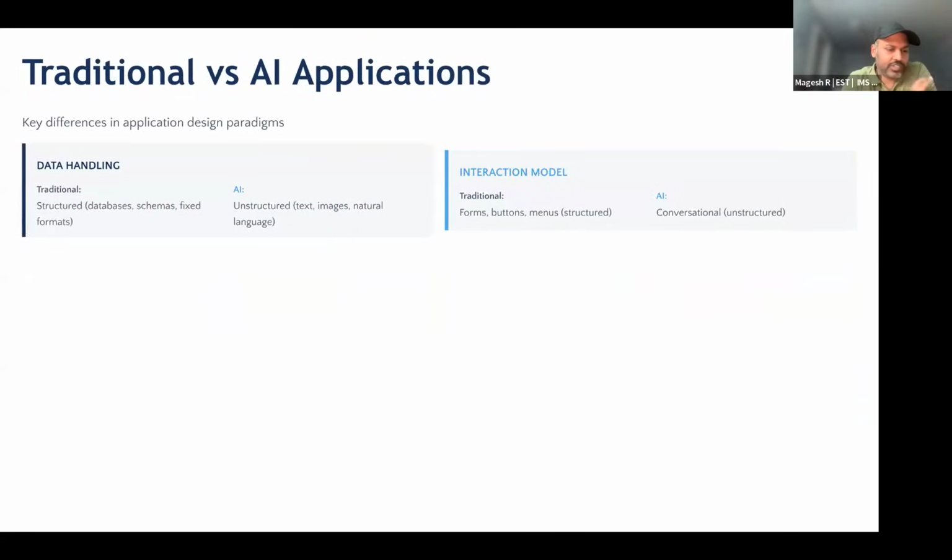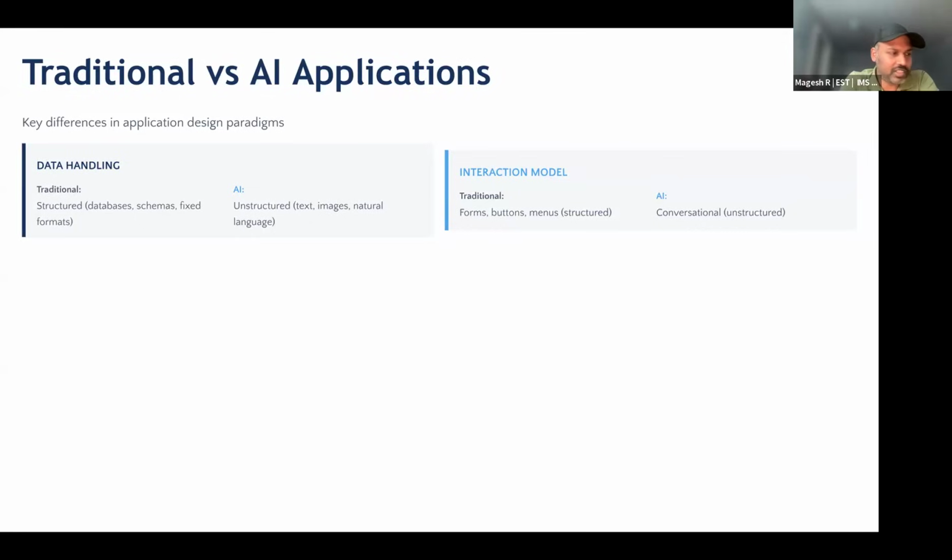Okay, so we kind of saw what generative AI largely means technically. When you are trying to build an application, it's quite different from traditional applications, right? Most of the traditional applications that we build are largely based on structured and semi-structured data. Like you might have databases, schemas, some fixed formats.